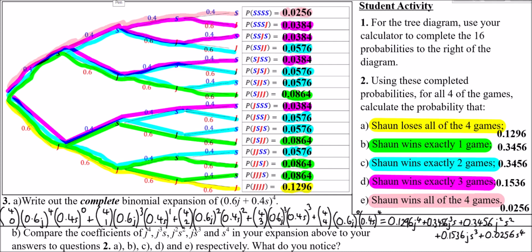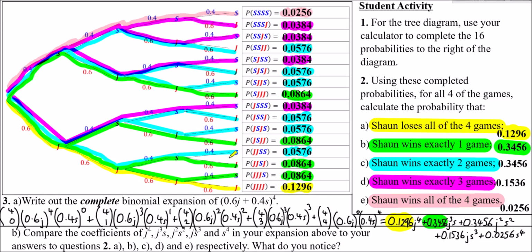So if we just have a look here, we should notice, as I've mentioned before, something quite peculiar. The coefficient of j to the power 4 is 0.1296, which is what we had here. The coefficient of j cubed s is 0.3456. Again, we had exactly that.